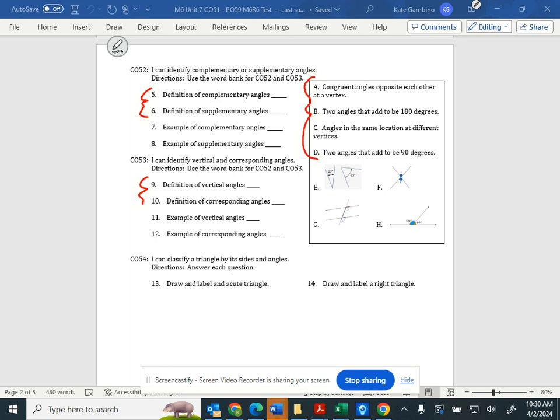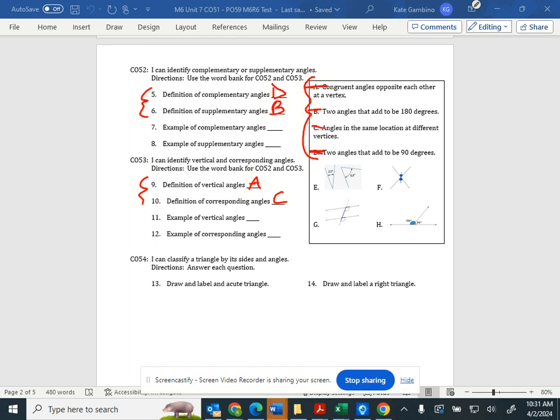Complementary means it's two angles that add together to be 90 degrees. Supplementary are two angles that add together to be 180 degrees. Vertical angles are congruent angles opposite each other at a vertex. And definition of corresponding angles are angles in the same location at different vertices.